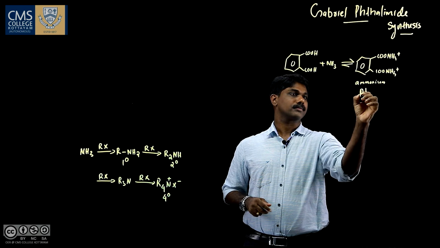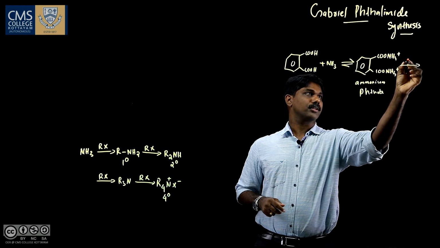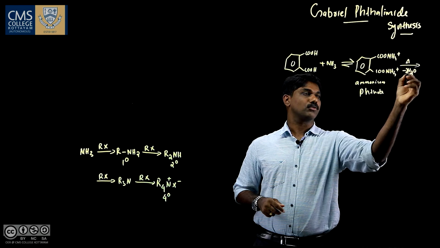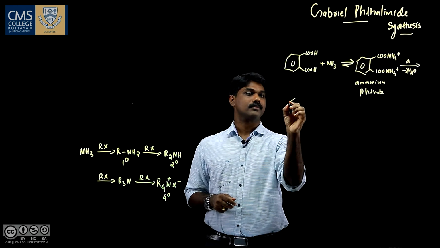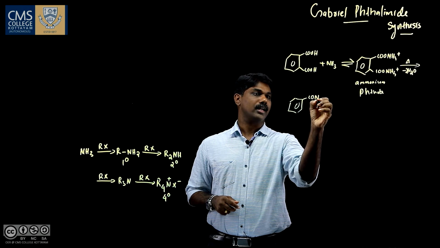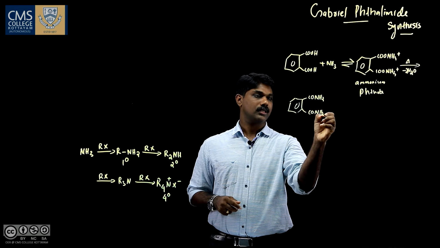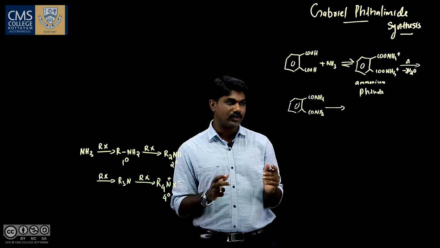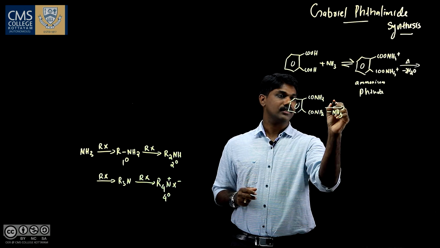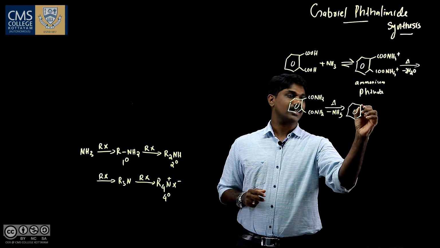On further heating it loses 2 molecules of water and we get CONH2, CONH2. On strong heating it eliminates 1 molecule of ammonia, and we get one of the starting materials for Gabriel-Phthalimide synthesis.